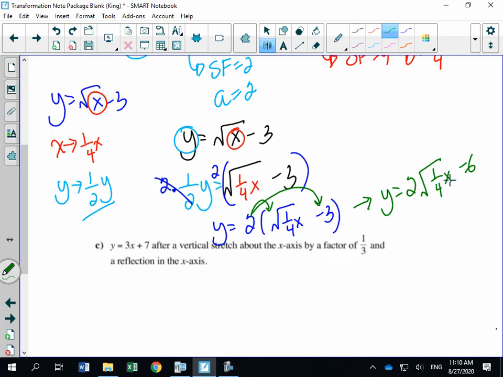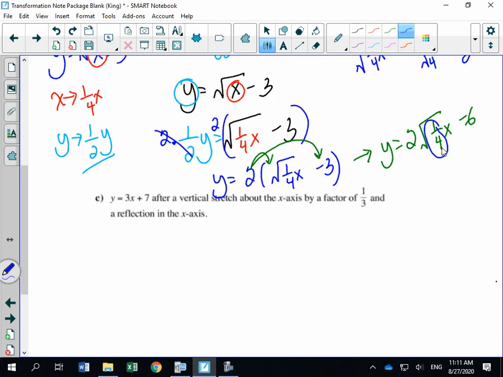Basically what that is, so the square root of 1/4 x from radicals, this is really the square root of 1 over the square root of 4. And the square root of 1 is 1. The square root of 4 is 2. So if you see, like, what's the square root of 1/4, that answer is 1/2.